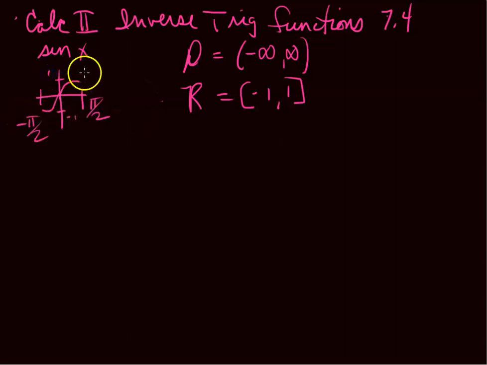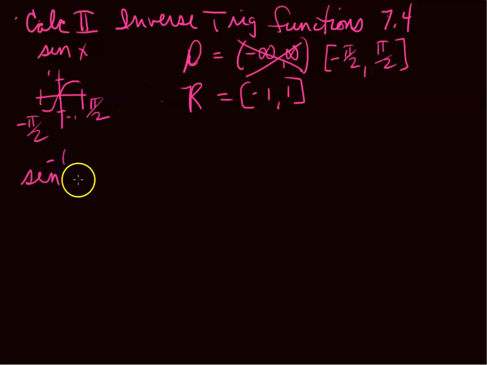So that 1 to 1 function is what you need. We are now going to talk about from negative pi over 2 included to positive pi over 2. That's for the restricted sine function.